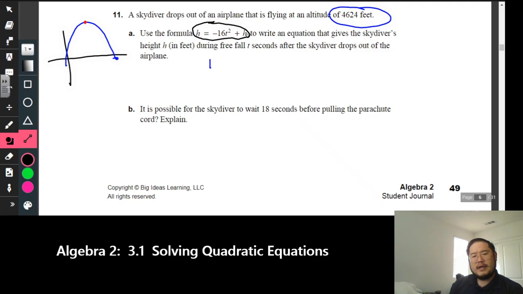Well, hopefully we realize that that is going to be the starting point because that's where the person drops out. So where does that put us? It's going to be negative 16 t squared, and then plus 4,624 feet.